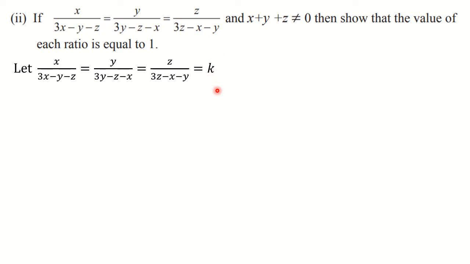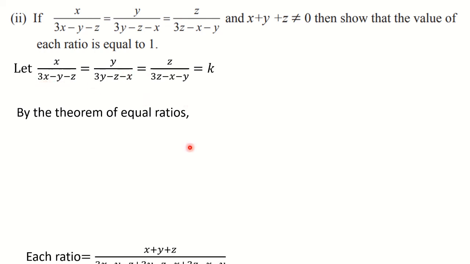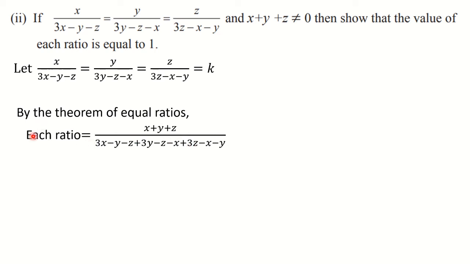And directly go for the theorem on equal ratios. That means add all the numerators and add all the denominators, and that value is the same as the original ratio, that is k, or you can write down each ratio. See, numerators are added, x plus y plus z, and here denominators are added, 3x minus y minus z, 3y minus z minus x, and 3z minus x minus y.